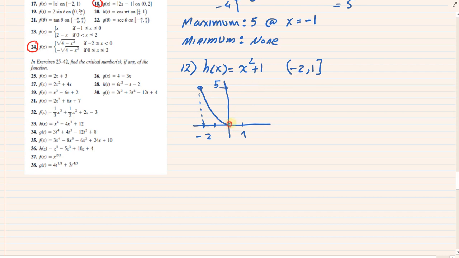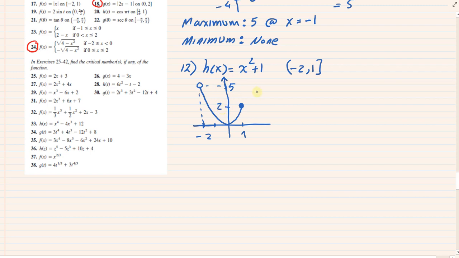So I'm just going to go up here and close it. Now because at -2 there's a parenthesis, remember that's an open circle. I just want to make sure we see that. Okay, and this was 2.